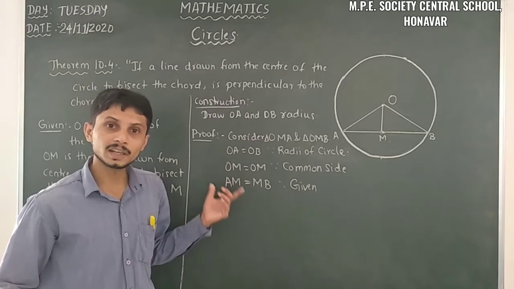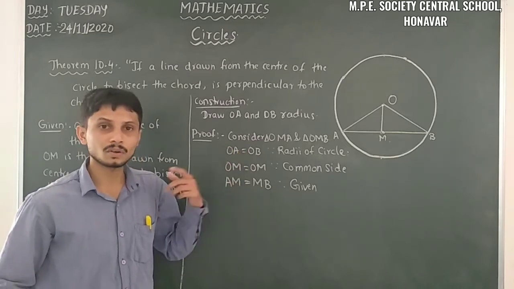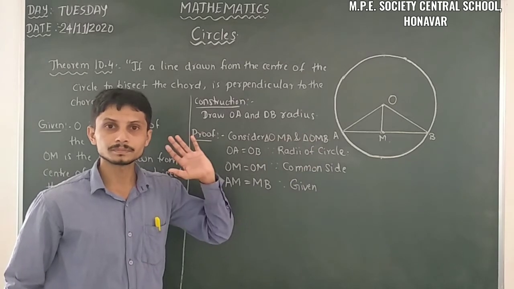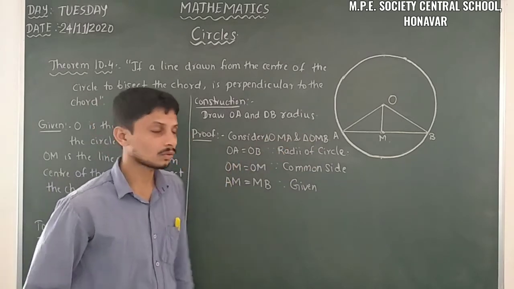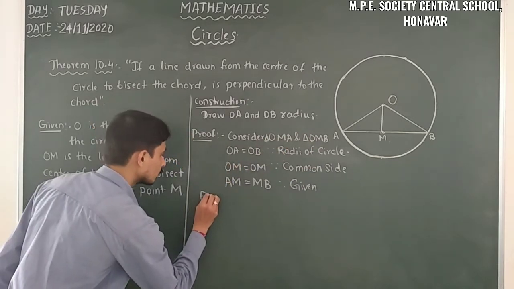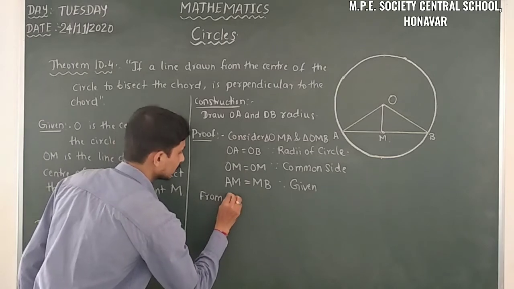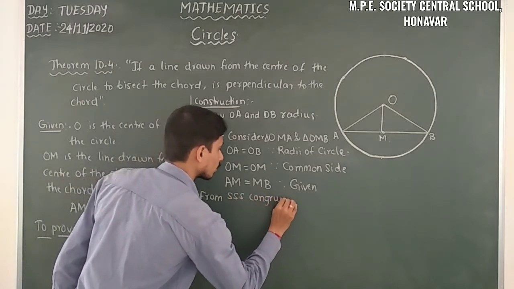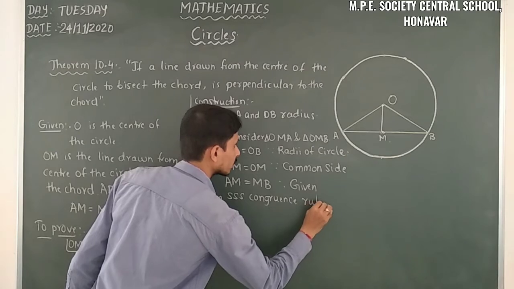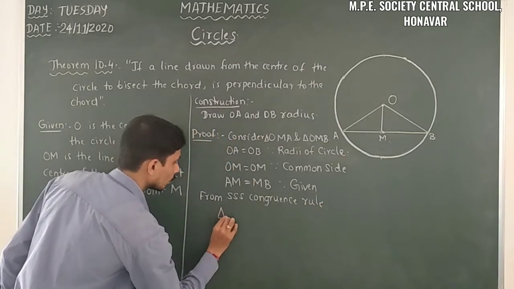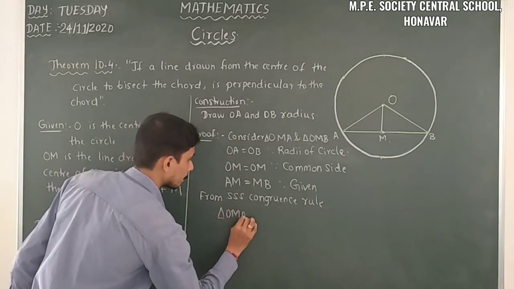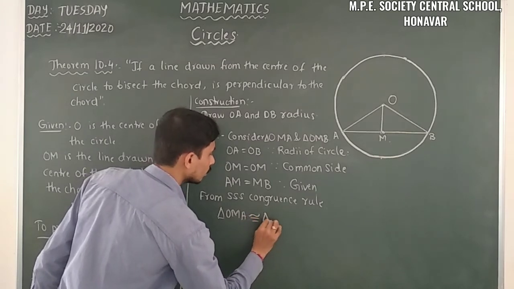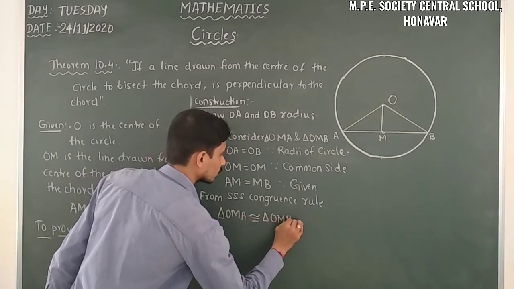So from the SSS congruence rule, triangle OMA is congruent to triangle OMB.